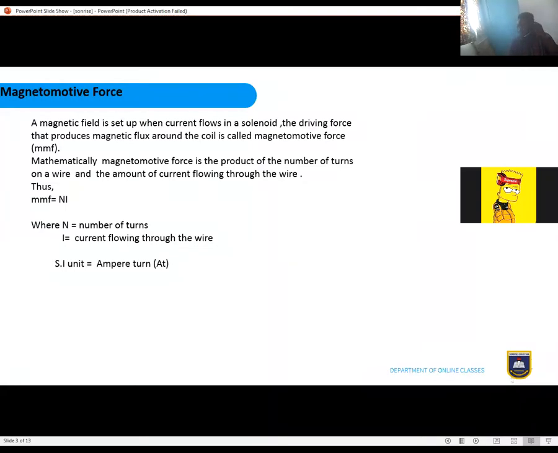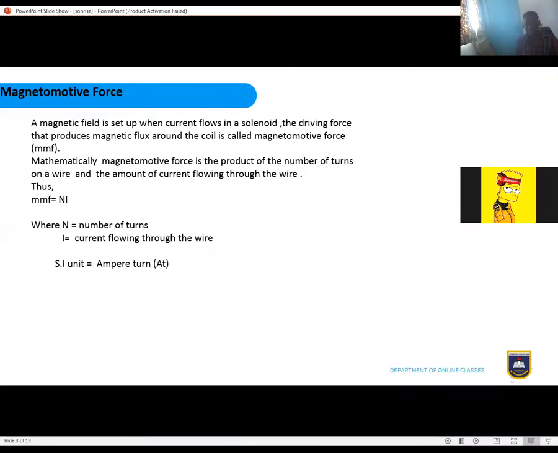For example, in electricity, the driving force that drives the current through the conductor is called electromotive force. So electromotive force and magnetomotive force are similar. Magnetomotive force is the driving force that drives the magnetic flux, but electromotive force is the driving force that drives the current. So they are both driving forces.